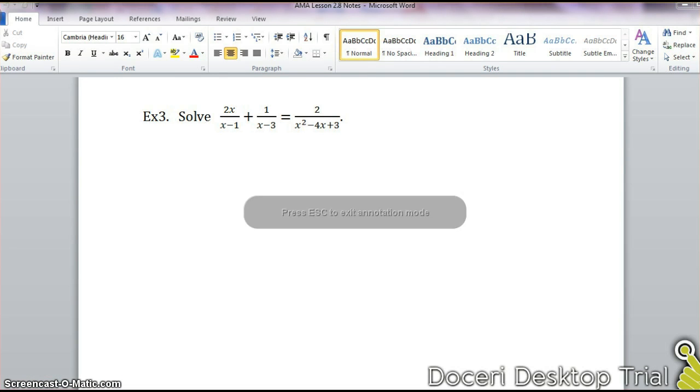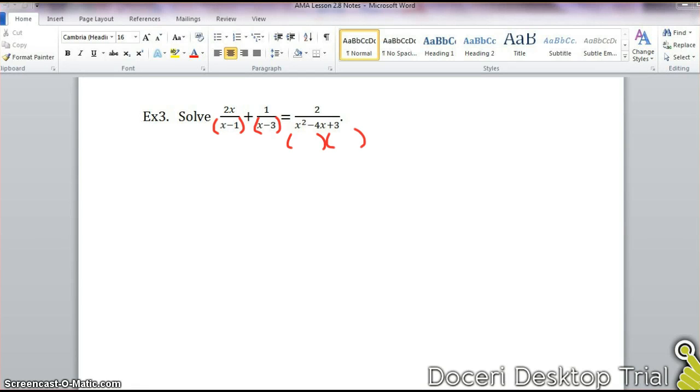All right, so we have a pretty large problem here, for example 3, where we have 3 separate denominators. You should notice that x minus 1 is completely factored, x minus 3 is completely factored, and then we've got x squared minus 4x plus 3, which is factorable. So I'm not going to leave it as is, I'm going to factor it.